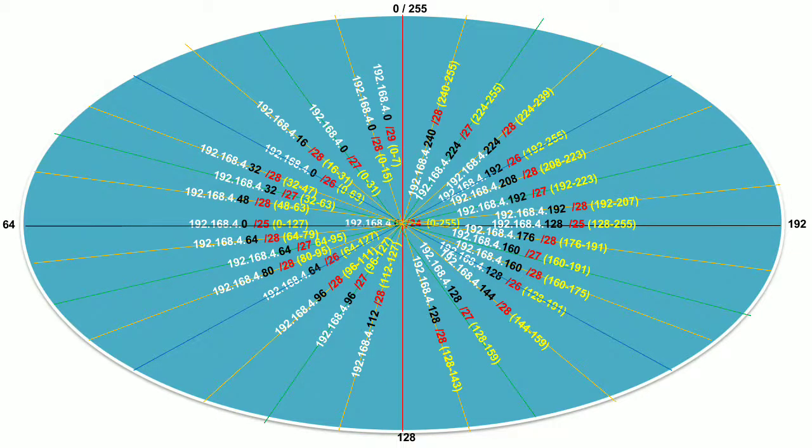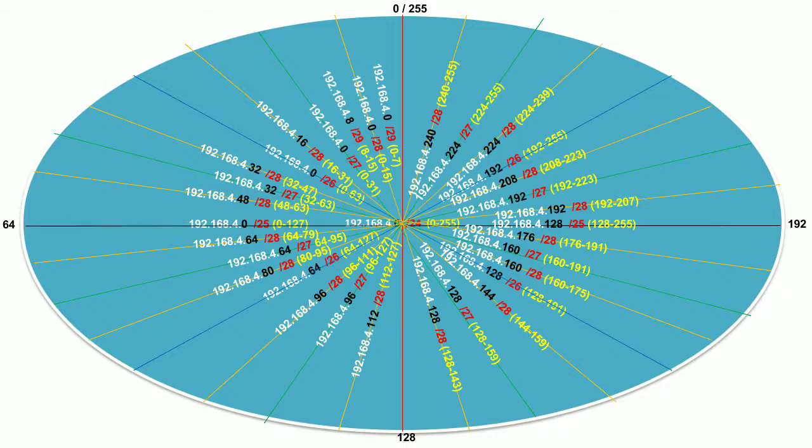So the first subnet would be again the same, that is 4.0, but this time with /29. So it would have 8 IP addresses. So the first IP address, that is 4.0, would be its subnet ID, and the last IP address, that is 4.7, would be its broadcast IP.